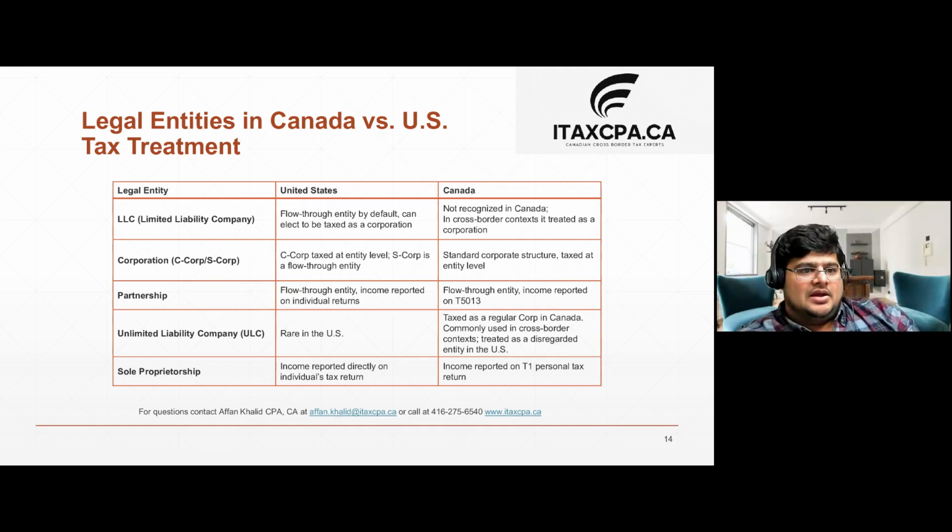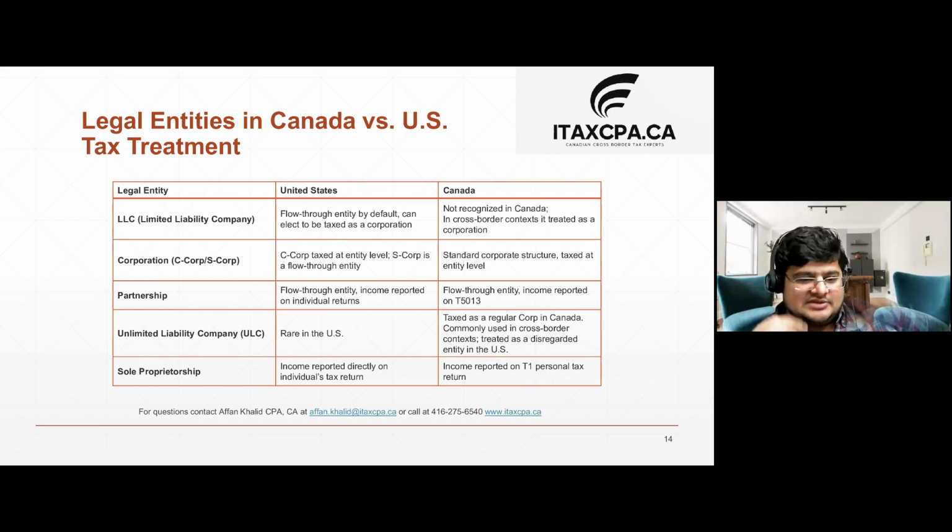Okay. And then, in the US, of course, an LLC can elect to be taxed as an S corp or a corporation. But again, from a Canadian perspective, a corporation is a corporation and is subject to corporate tax. Any payment out of the corporation will be a dividend. And that's exactly what the C corporation and S corporation are.